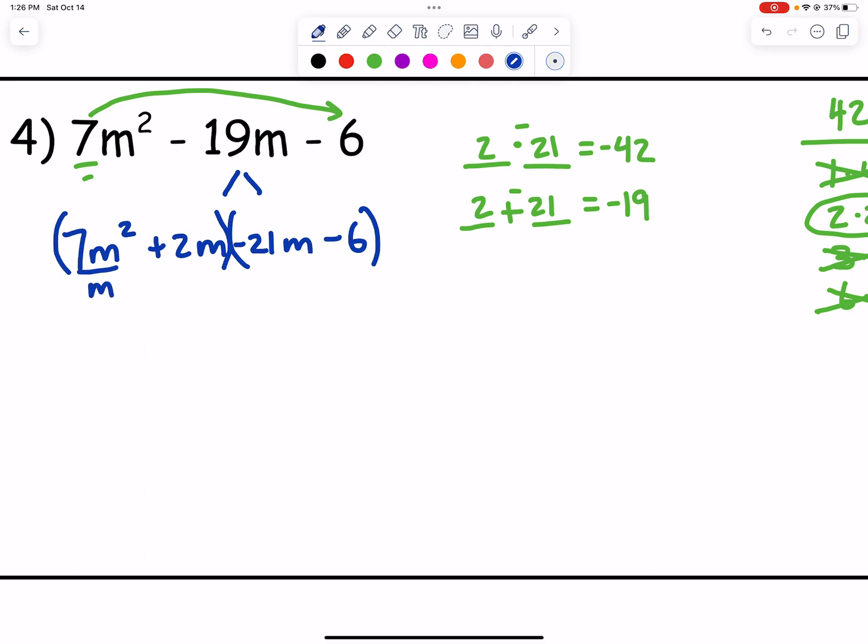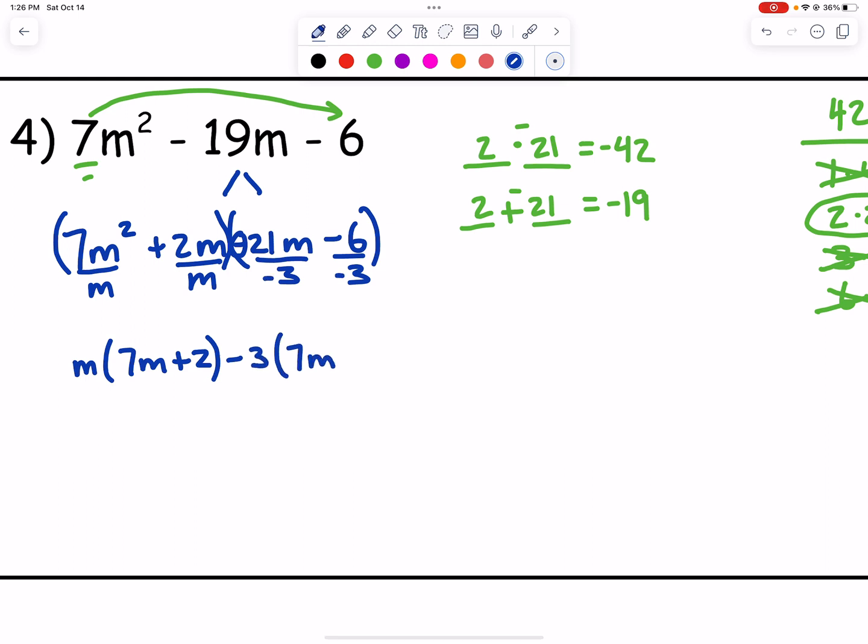So in the first pair, I'm going to take out an m. And I would have 7m plus 2 left over. And then in the second group, I can take out a -3, because that's the largest number that would go into 6 and 21. So -3. And then I would have 7m plus 2 left over again.